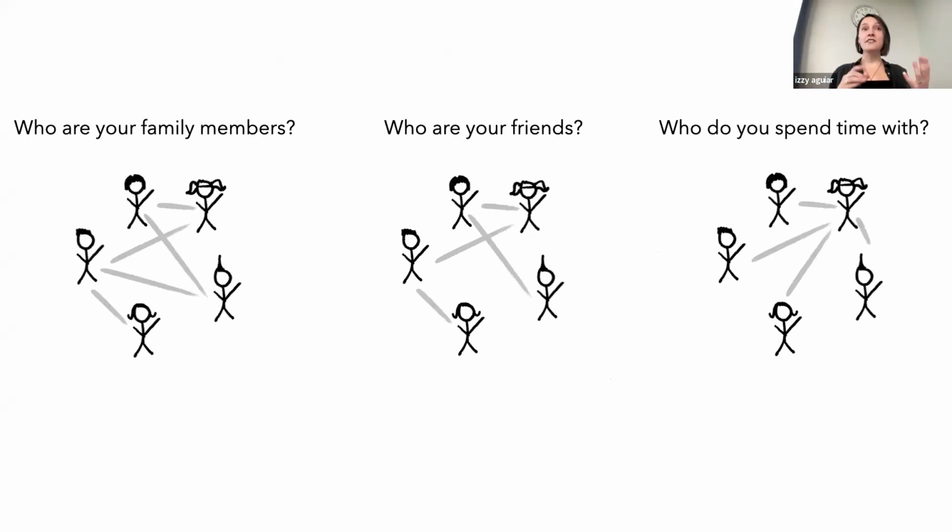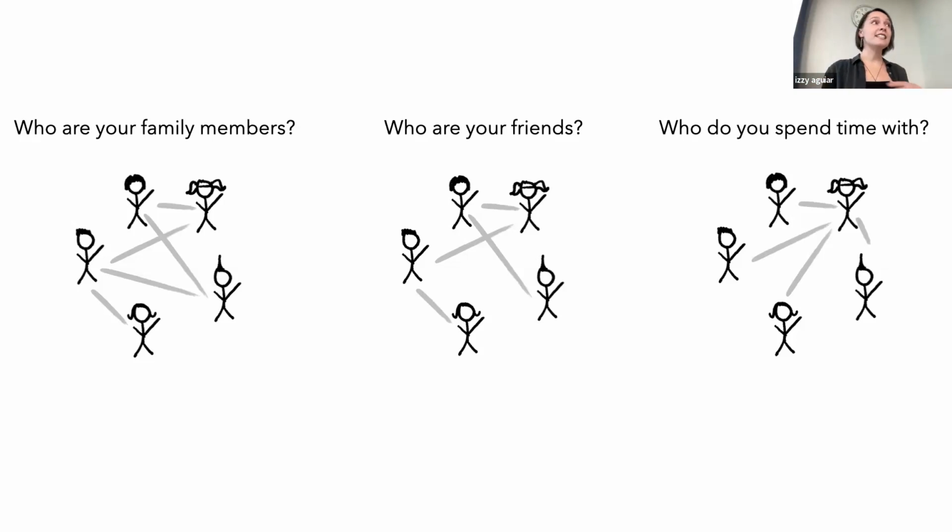And so we can take each of these different specifications of who are you connected to, and we can view them separately amongst the same node set. So in this case, we have these 5 people, and we can tell who their family members are, who their friends are, and who they spend time with.